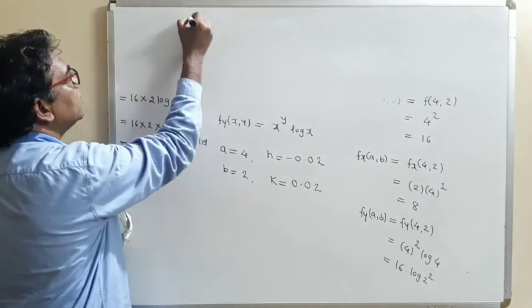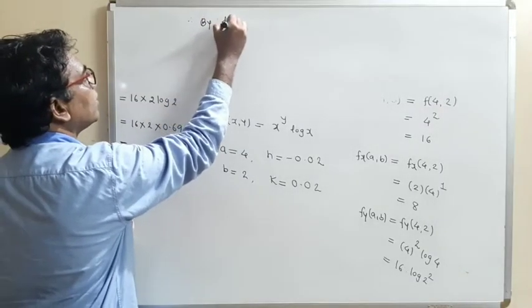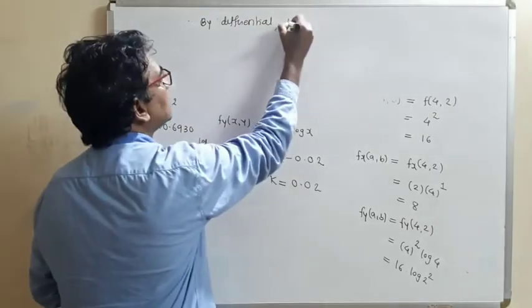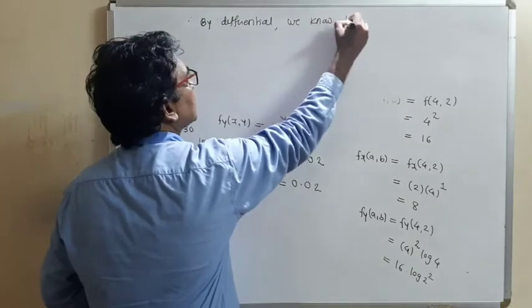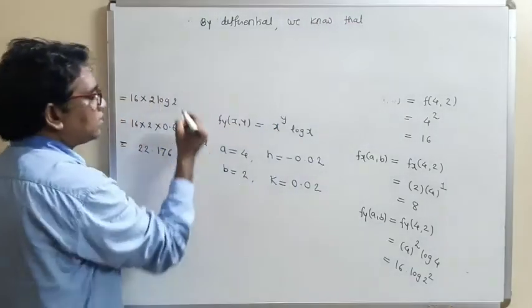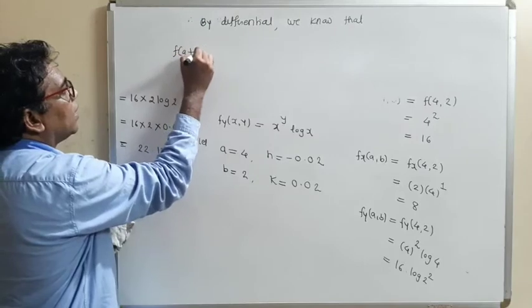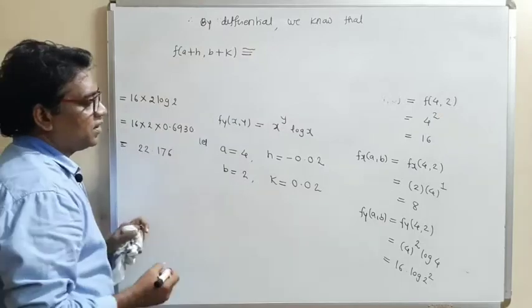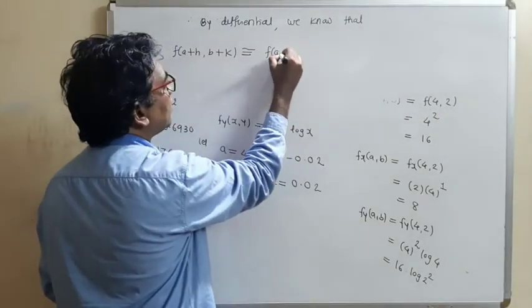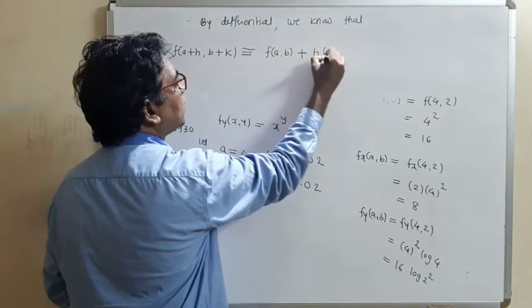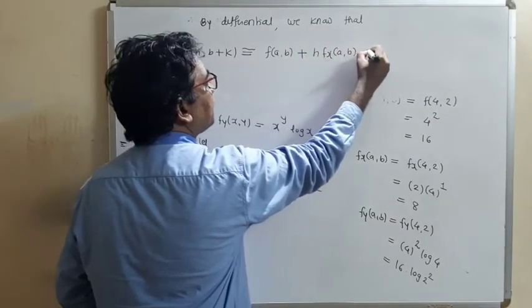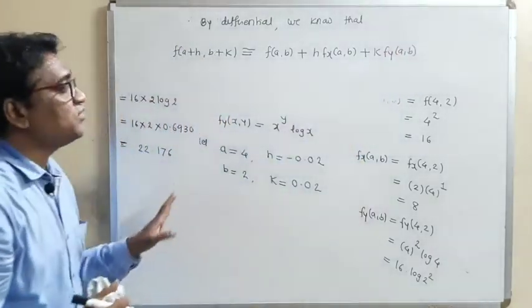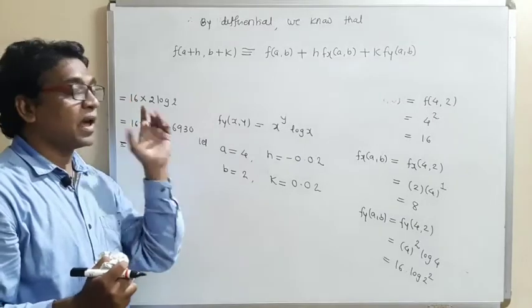Therefore, by differential, we know that, so what is the formula? F of a plus h, b plus k, this approximate value is given by f of ab plus h fx at ab plus k fy at ab. So this is the differential formula by which we can find the approximate value.